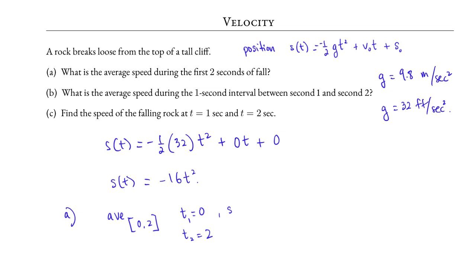We need to also evaluate the position of the rock at the 2 instances. When t is 0, s is minus 16 times 0 squared, which is 0. And when t equals 2, s is minus 16 times 4, which is minus 64.